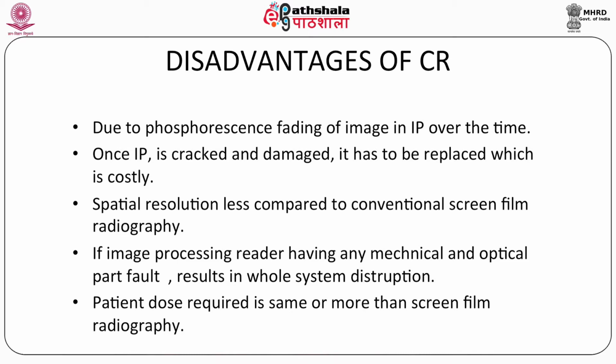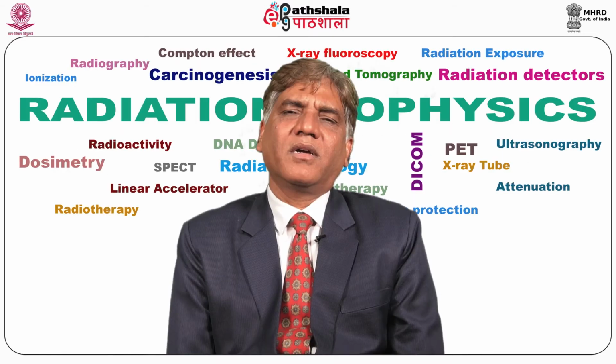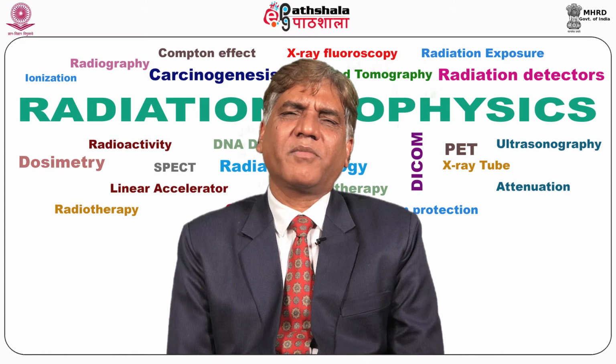If the image processing reader has a mechanical or optical part that fails, it results in a whole system disruption. Patient dose required is more or less the same as film screen radiography. So CR does not add any additional dose, because it is used with the same X-ray equipment, with almost the same exposure factors, same kVp and mAs.